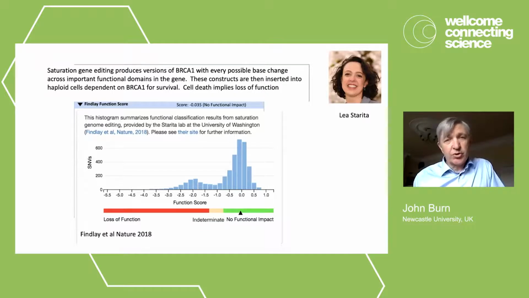The idea here was to actually produce each potential variant across the areas of interest in BRCA1 in a haploid-dependent cell line to establish whether or not a particular change would cause the gene to become non-functional, and cell death implying loss of function. And that allows a functional score to be given to each missense variant and incorporated into the Bayesian calculation, along with the segregation and other data available.